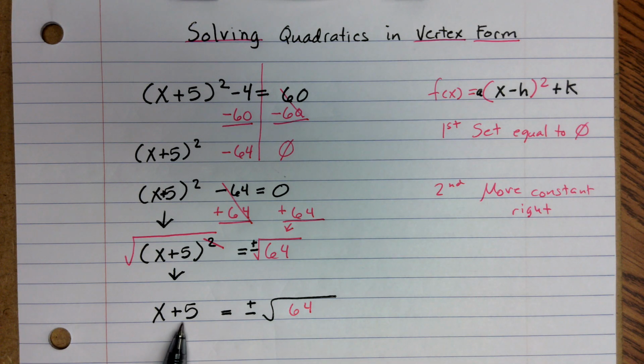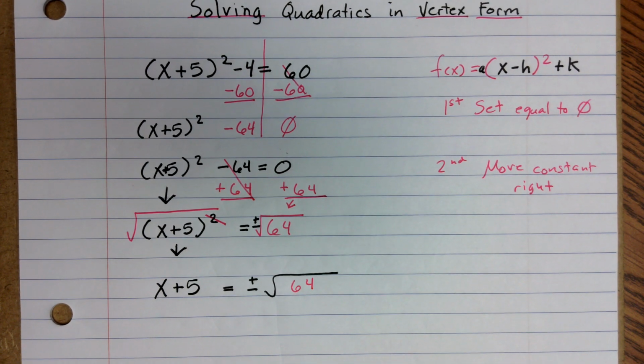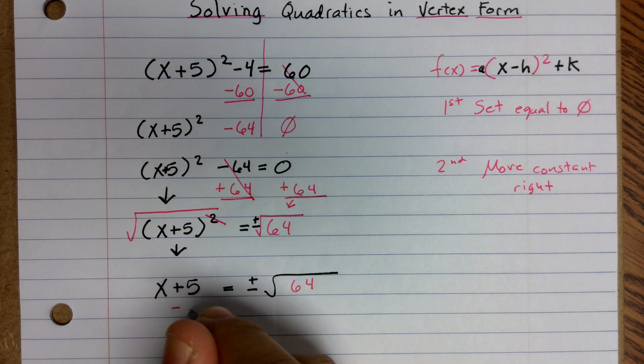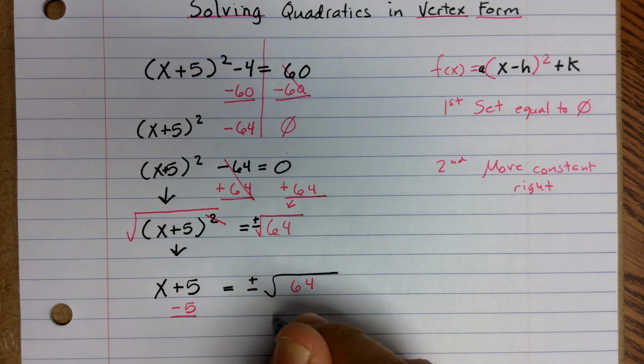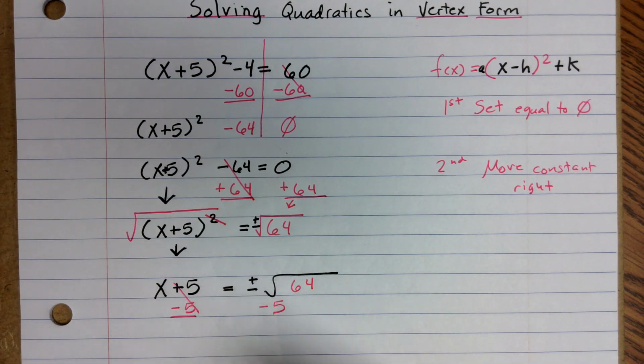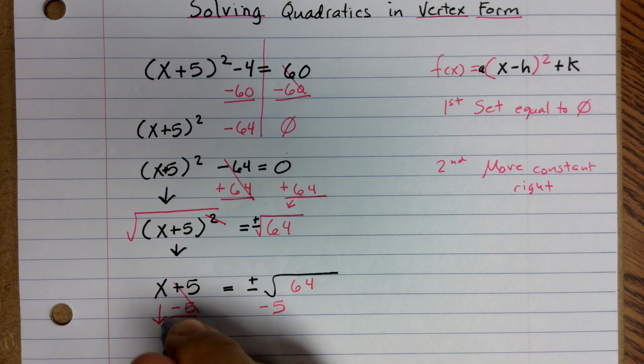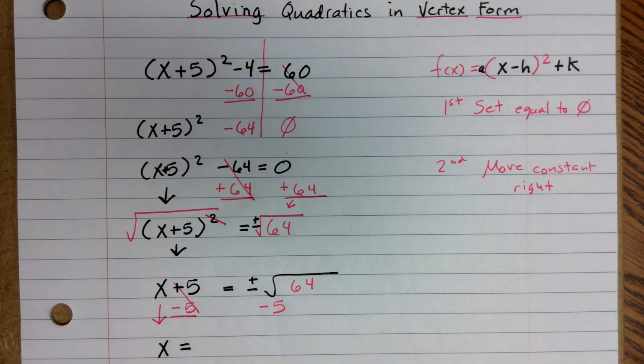I need to go in and take this 5 and I need to move it over to the right hand side and get it away from x. Because if I'm looking for my solution, I should have x equals something, not x plus 5. So let me go ahead and use inverse operations. I'm going to subtract 5 from both sides. That leaves me with 0 on the constant value, and I'm simply left with x is equal to.